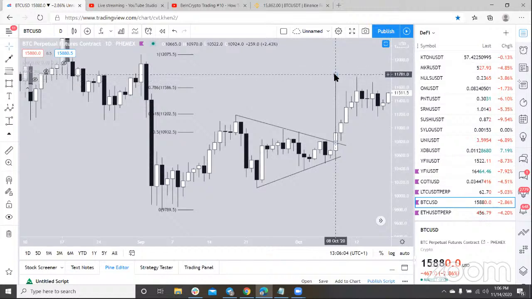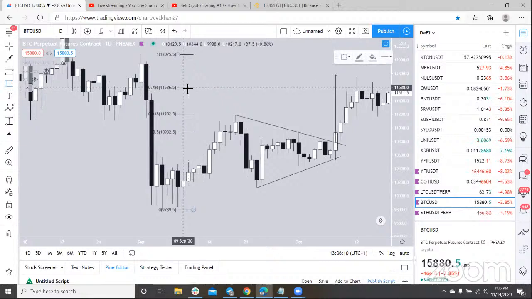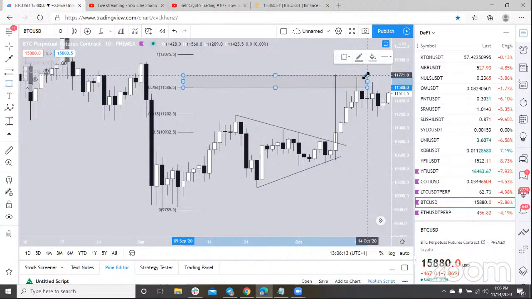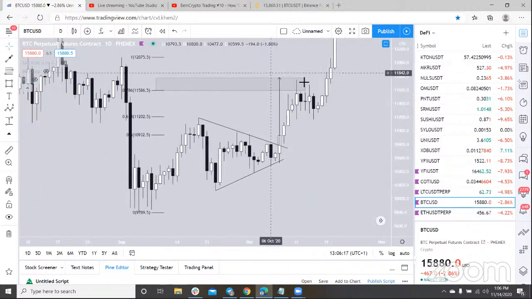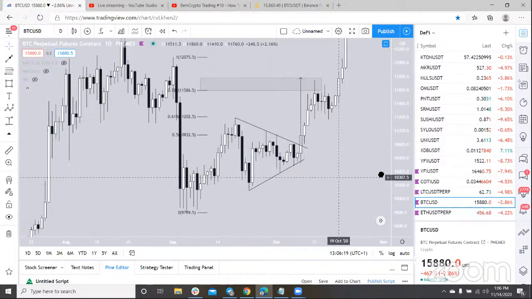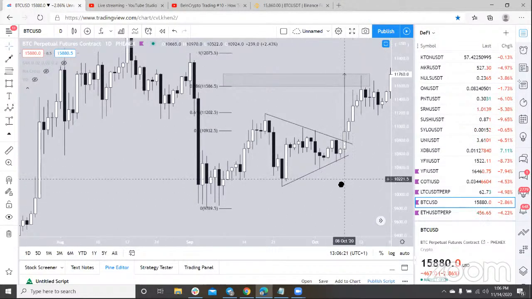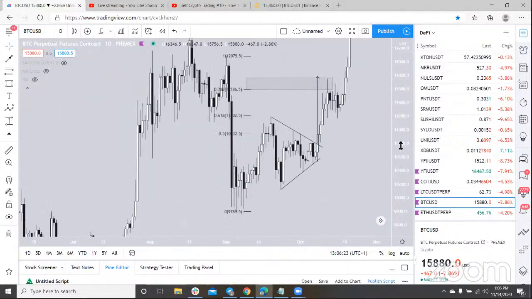Now, this gives a target of 11781. Our fib is 11586, so our target is right here. You would have picked it out pretty well. Short price moved up, but you're just playing the breakout of the triangle here and not everything.